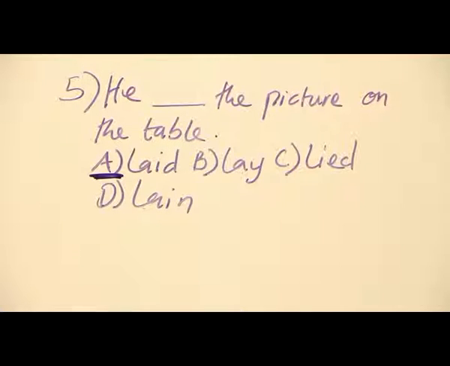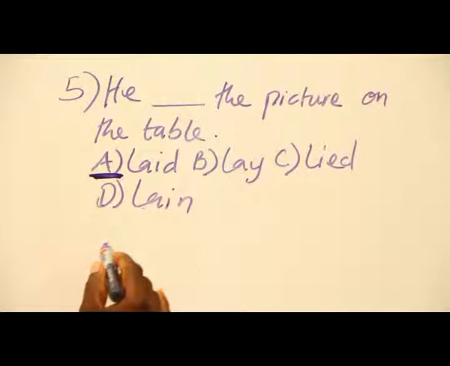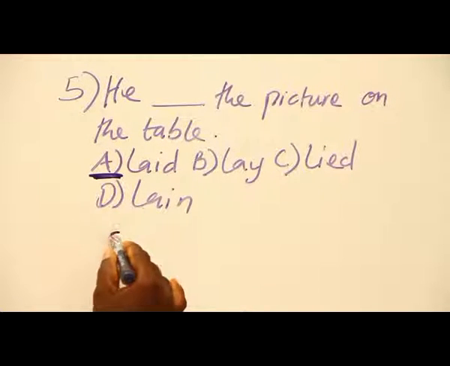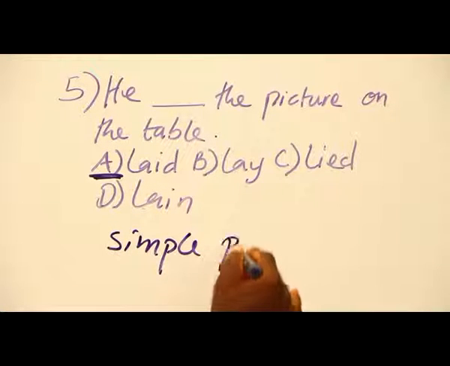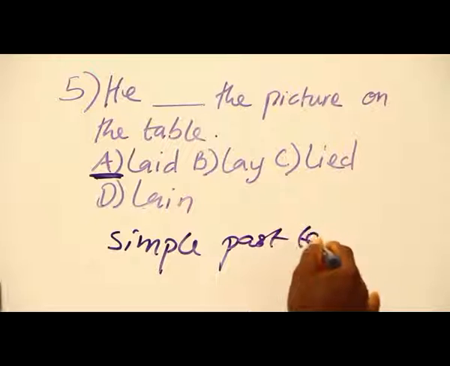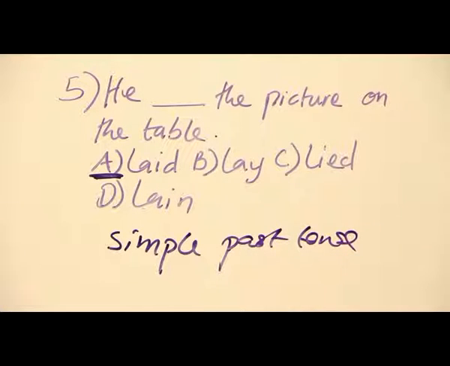So he laid the picture on the table. The reason is that laid here is the simple past tense, because it's simply in the past, and of course it's just one action.